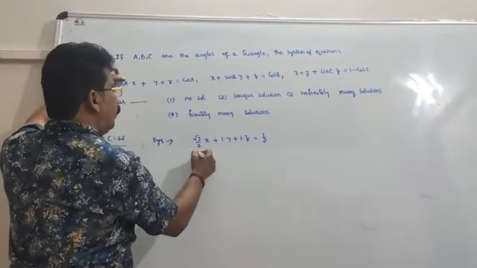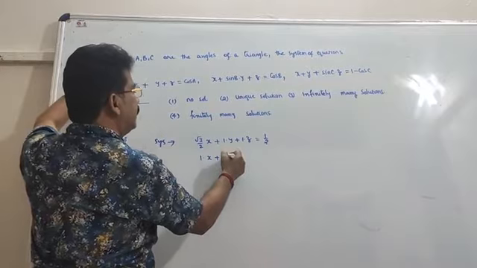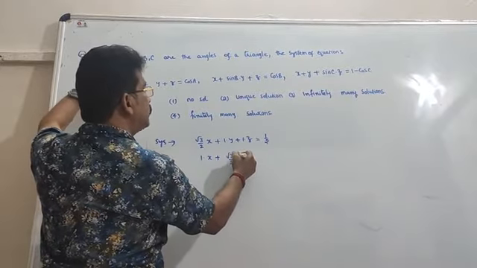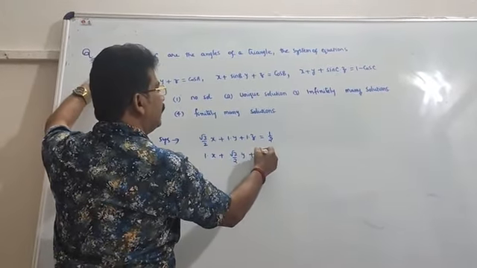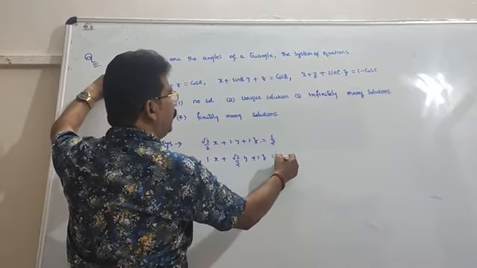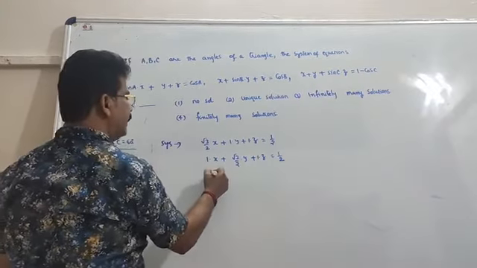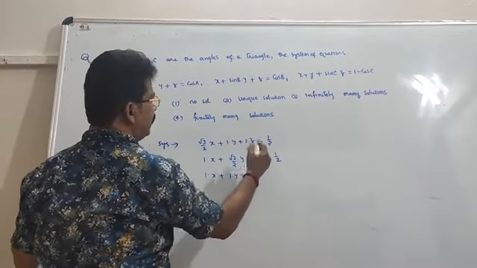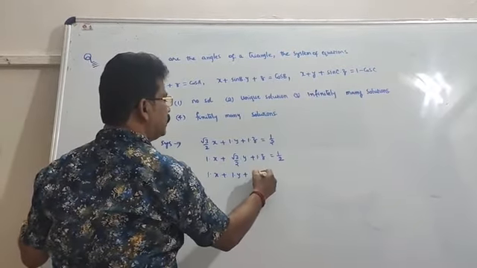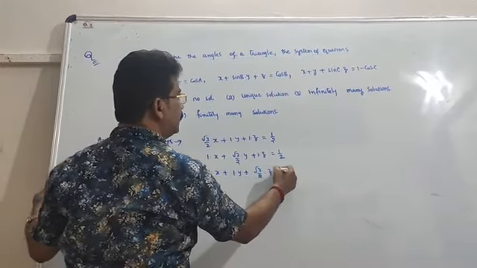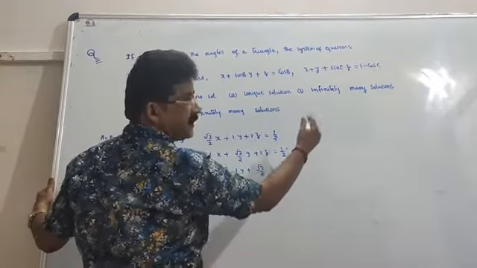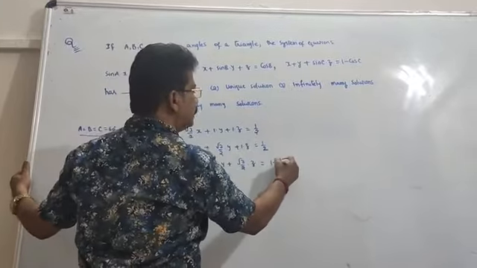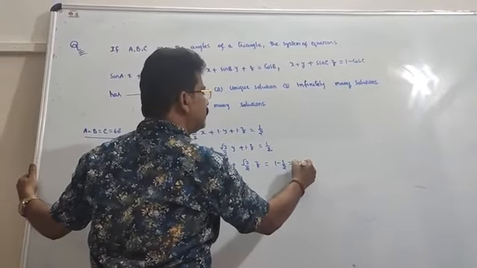Second equation: 1 into x plus root 3 by 2 into y plus 1 into z equals 1 by 2. Next equation: 1 into x plus 1 into y plus sin 60, root 3 by 2, into z equals 1 minus cos 60, that is 1 by 2.